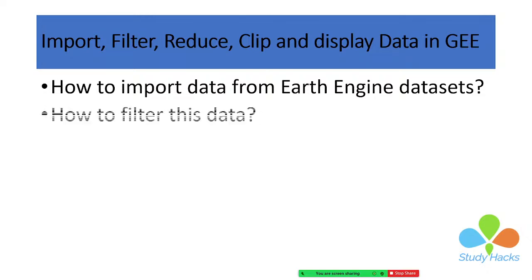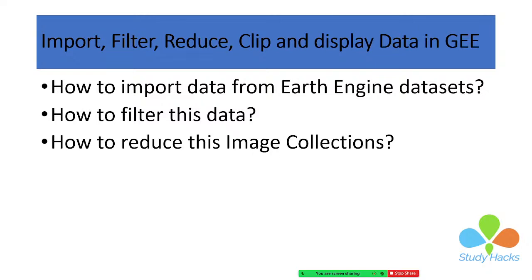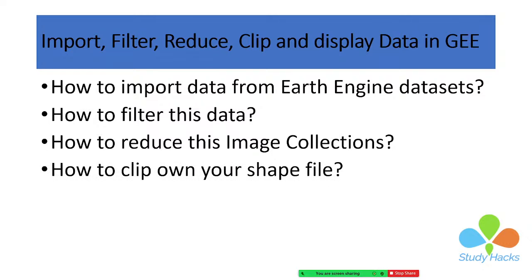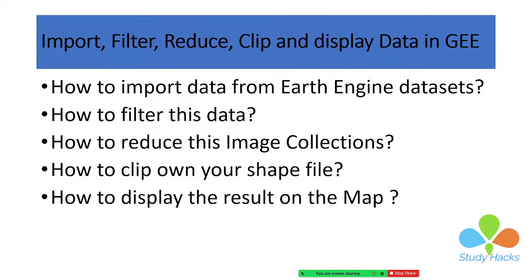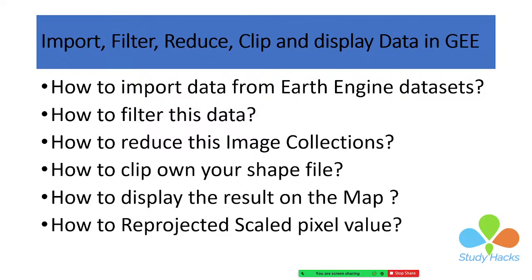Then also discuss how to filter this data, then how to reduce this image collection, how to clip to your shapefile, how to display the result on the map, and how to reproject the scaled pixel value. Okay, so I simply open my code editor.